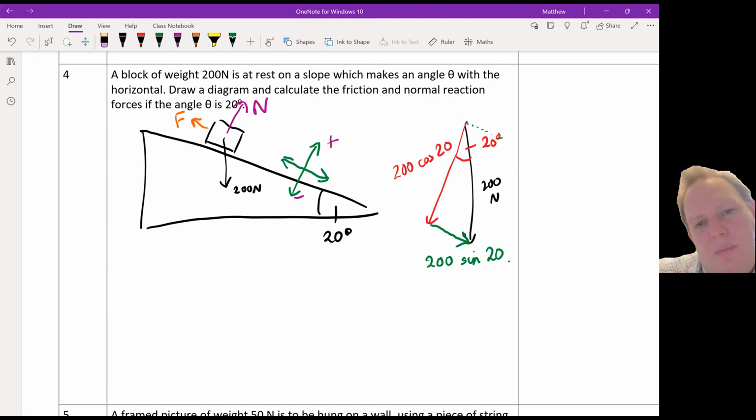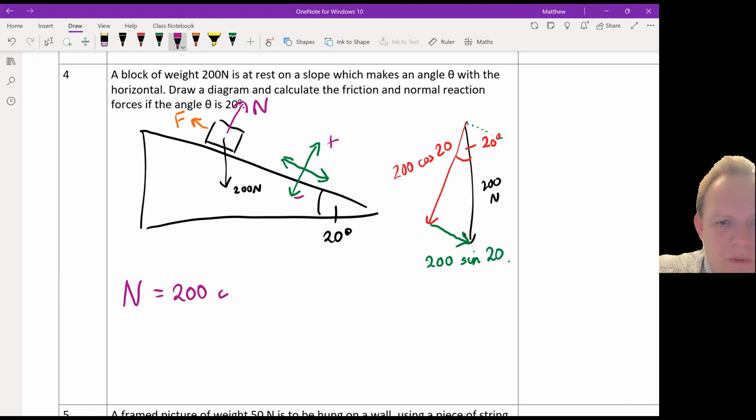So at this point, quite often in physics, we're not very careful about how we write these things down. And we might write something like N is equal to 200 cos 20. Well, strictly that's not true because they're in opposite directions. What we really mean is the magnitude of N is equal to the magnitude of 200 cos 20, but we don't tend to show these signs.